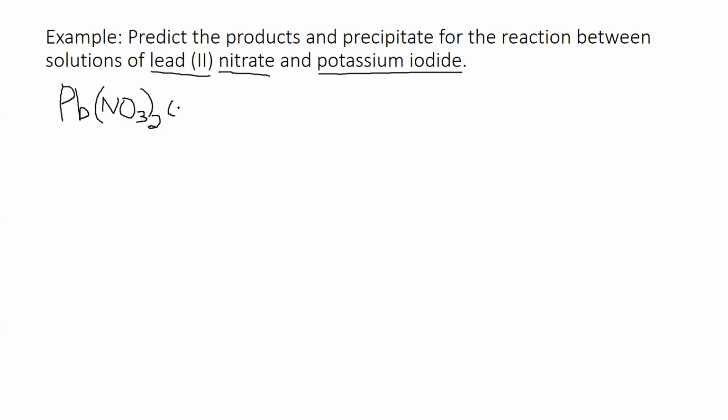We know that this is an initial reactant, and so that's aqueous. Okay, do the same thing with the potassium iodide. So potassium, K, I. Potassium is +1. Iodide is a -1. It's a halogen, right? So we have an alkali metal and a halogen. These are going to be +1, -1, so we're done there. And we'll put in aqueous.